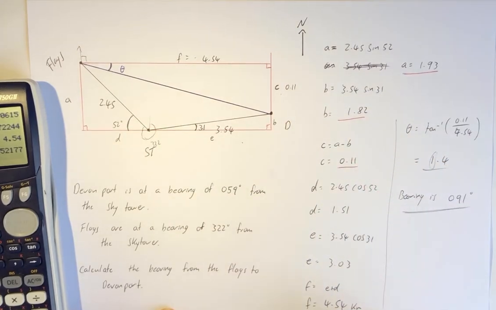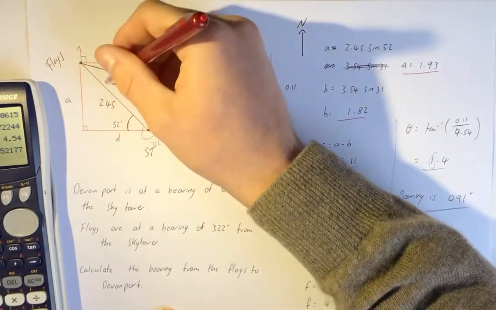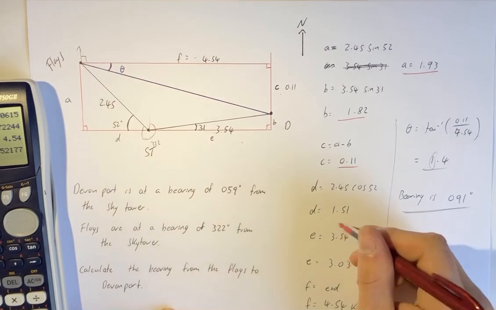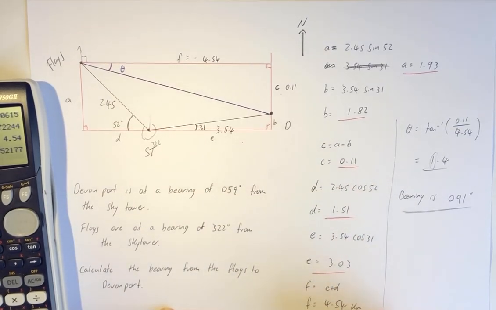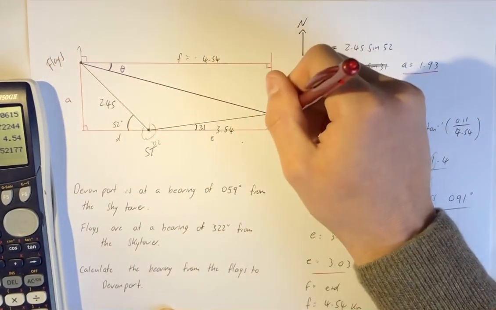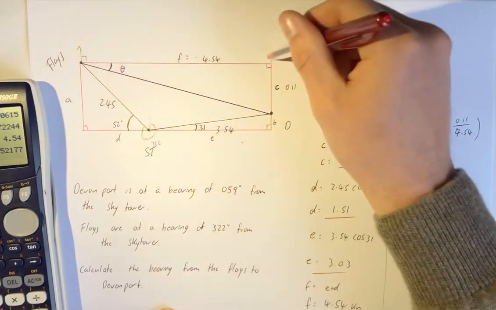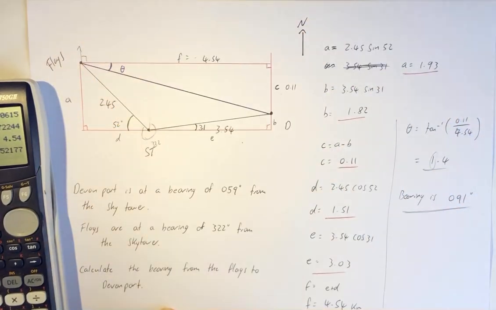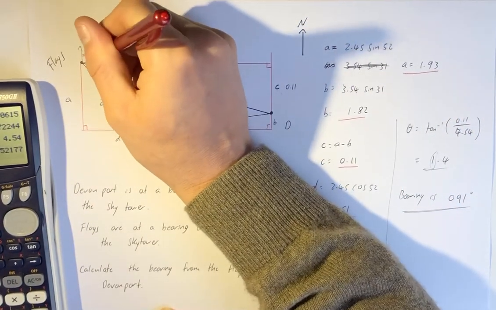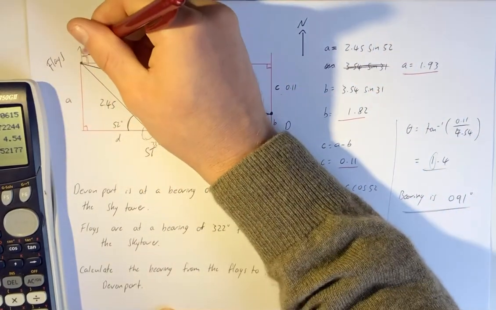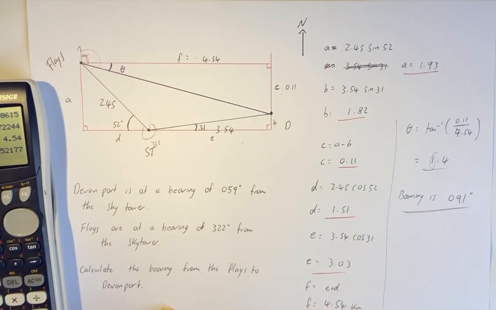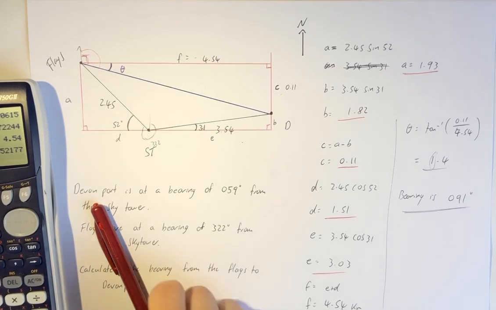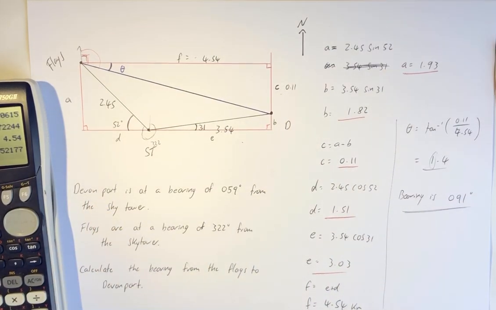D and E was just right angle trig using cosine, and then we got F because we added those two. Now we're dealing with this triangle here, and we found that angle, and added it to 90, because we wanted the bearing from north all the way around. Hopefully that makes sense. It was pretty quick, but I'm pretty sure most of you got it right anyway. Nice.